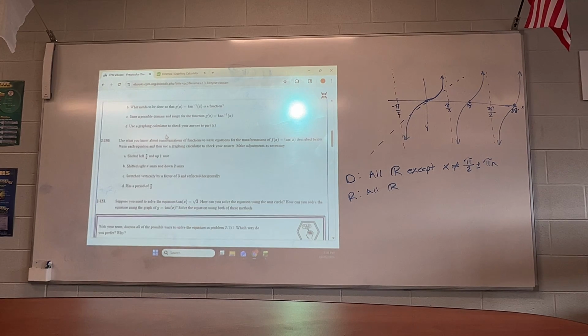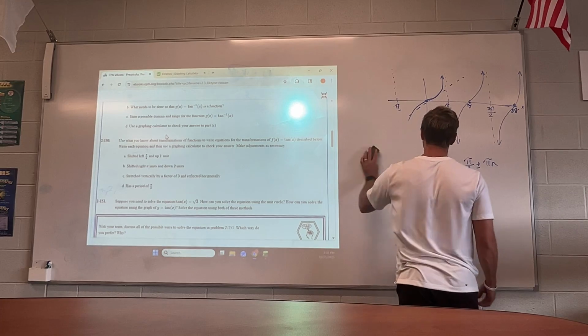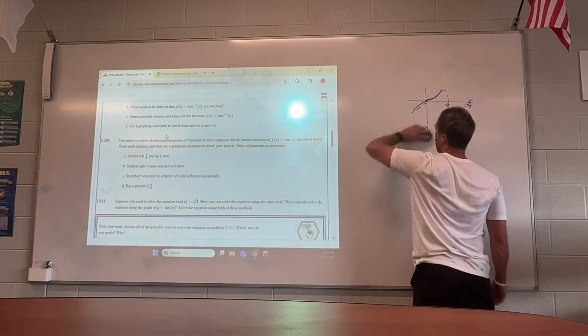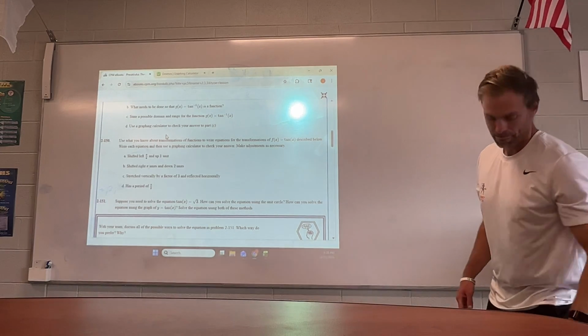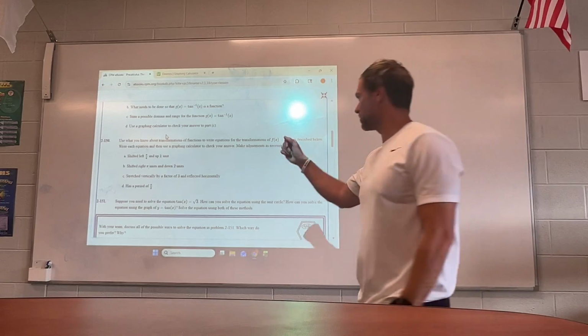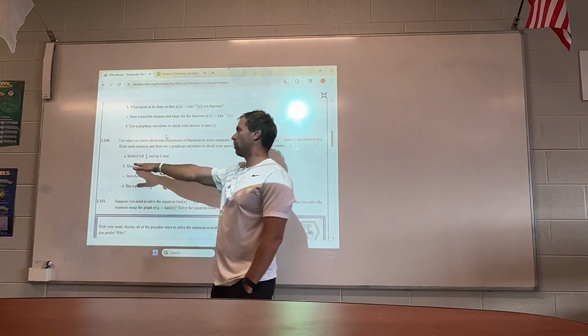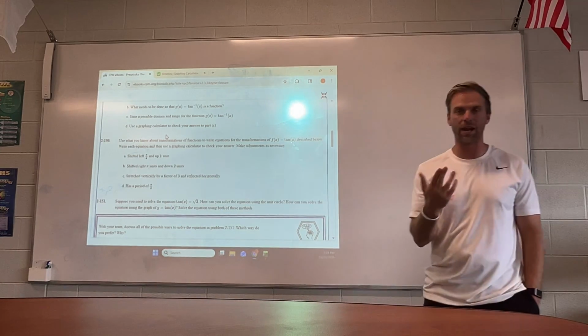So then the last thing here describes transformations. So if we're talking about transformations of these graphs and what they look like, it's the exact same as we've been doing with all transformations. So let's see here if we can come up with these using tangent. They want us to write the equation of a tangent that is shifted left pi over 4 and up 1.